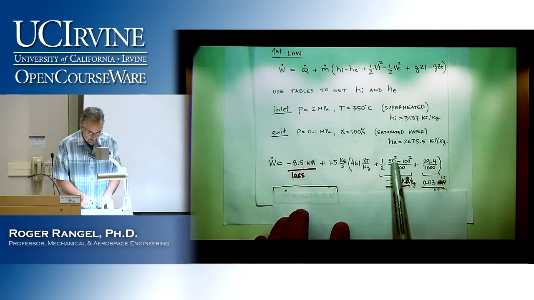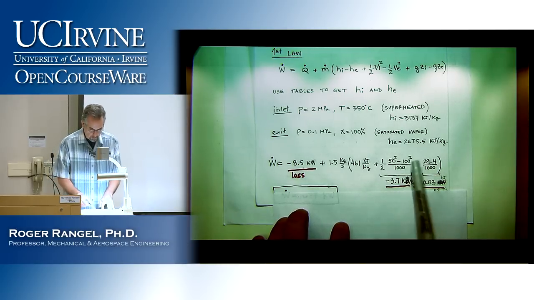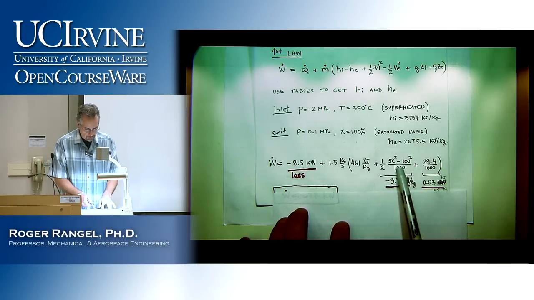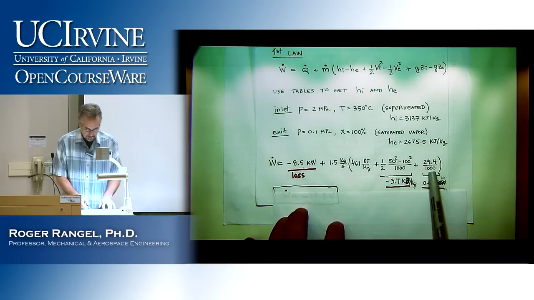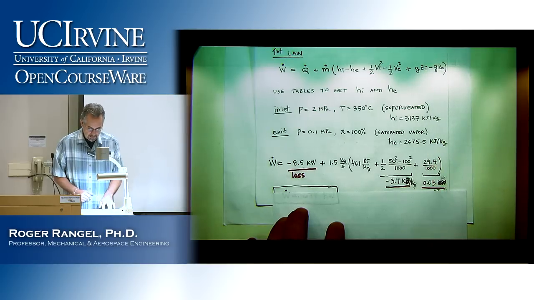So 50 meters per second was the outlet velocity squared, and 100 meters per second was the inlet velocity. I square that. I have to divide by 1,000 because I need to convert to kilojoules per kilogram. So that's the 1,000 there. And the same thing for the potential energy once you evaluate Z sub I minus Z sub E.